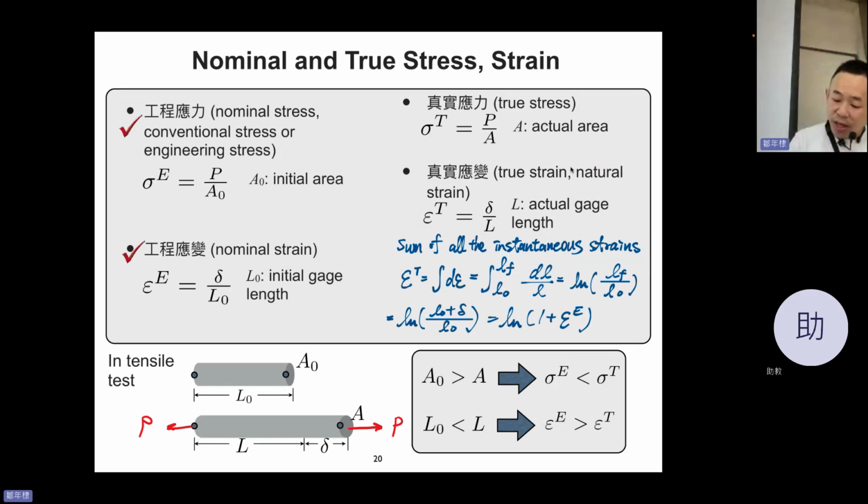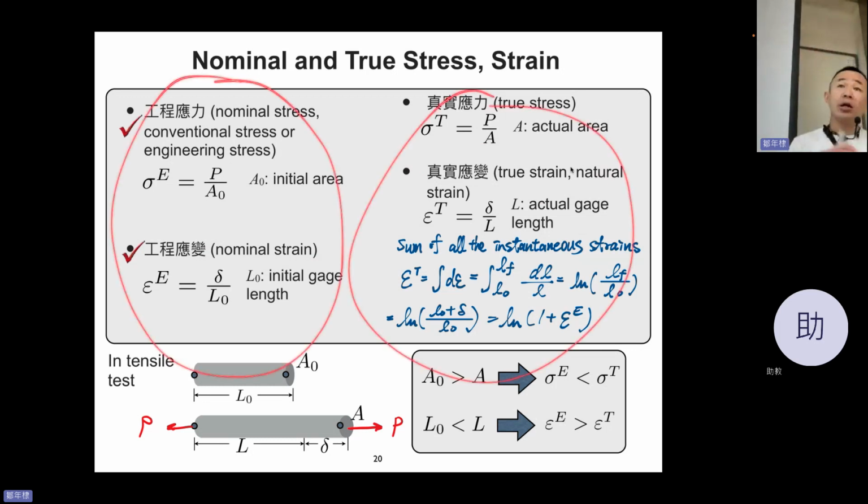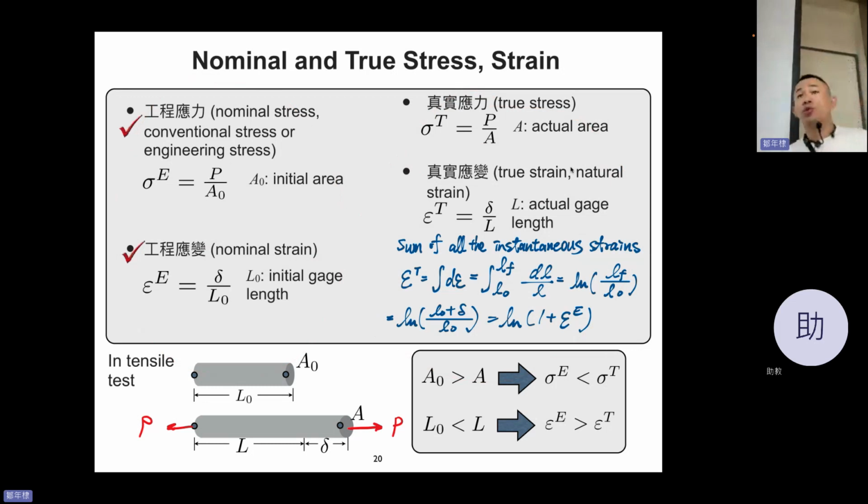Then we can compare engineering and true stress and strain. Which one is greater? Which one is less? Because when we do the tensile test and elongate the bar, the area will keep shrinking.